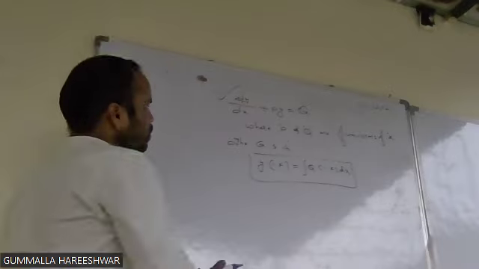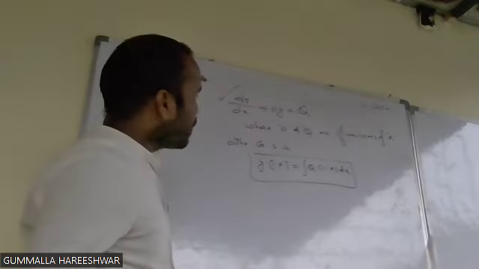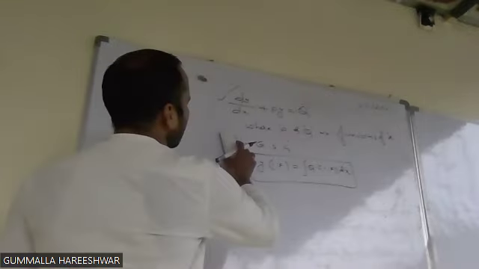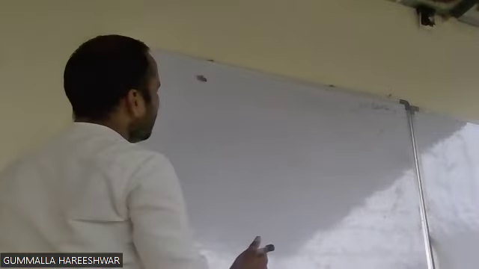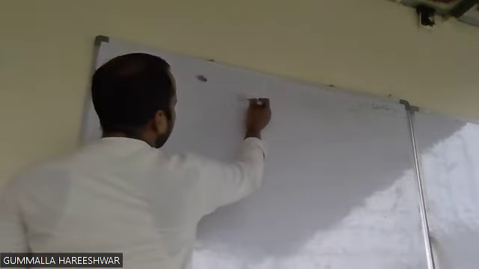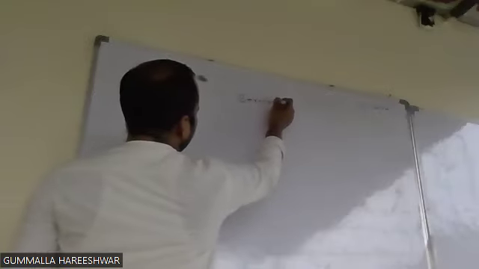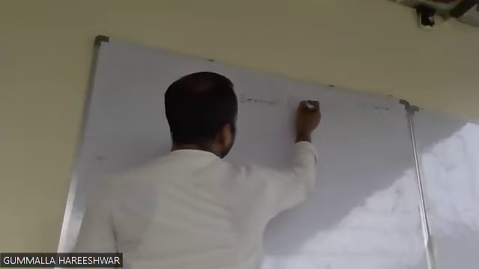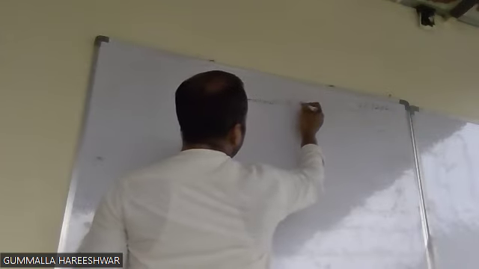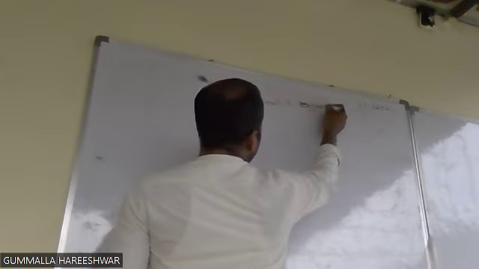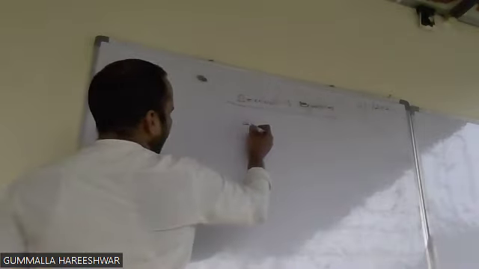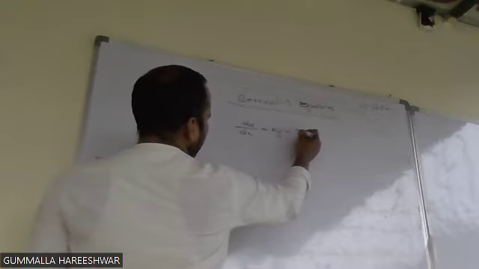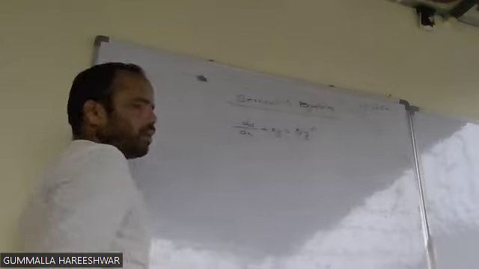Now I'm going to convert Bernoulli's equation into linear form. Generally, Bernoulli's equation is dy by dx plus P y equals Q y to the power n.